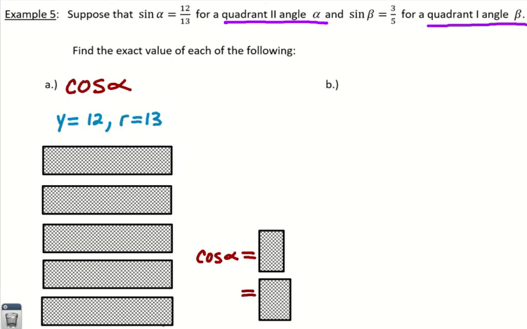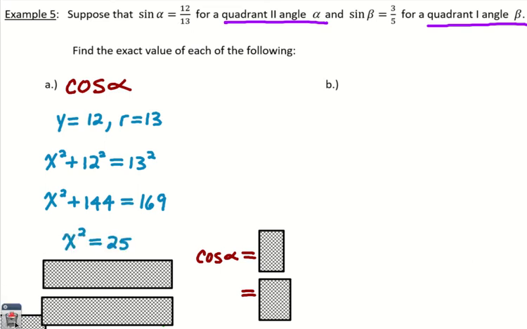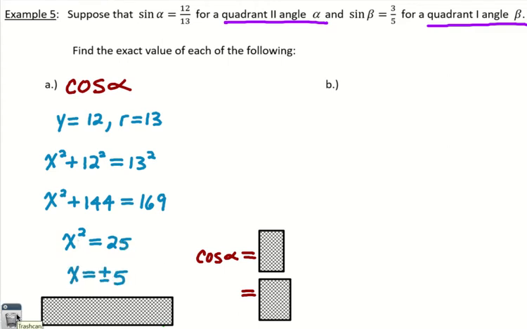Based on the sine being 12/13, that's y and that's r, what else do we need to figure out the cosine of alpha? We need x. So we do the Pythagorean theorem. We end up taking the square root of both sides to get plus or minus 5, but it's not both of them. It's either positive 5 or negative 5.